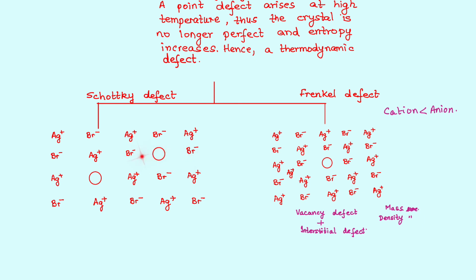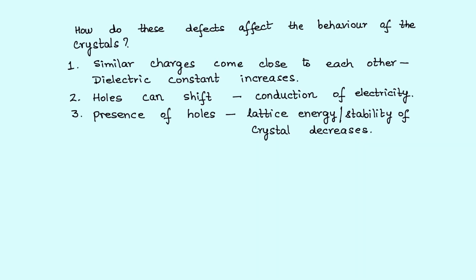If I put the silver ion over here, it is the forces of attraction between oppositely charged ions which are holding them close to each other. Now, no silver here means there is nobody to hold these bromide ions in place. So we notice that the lattice energy, or the energy required to break this crystal, would be less. The stability of the crystal will decrease. More appropriately, lattice dissociation energy.